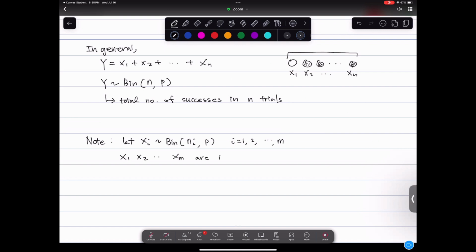They're not identical because we have different n's, but they're independent.